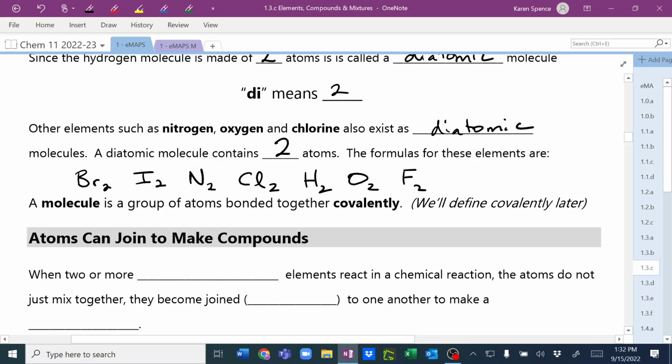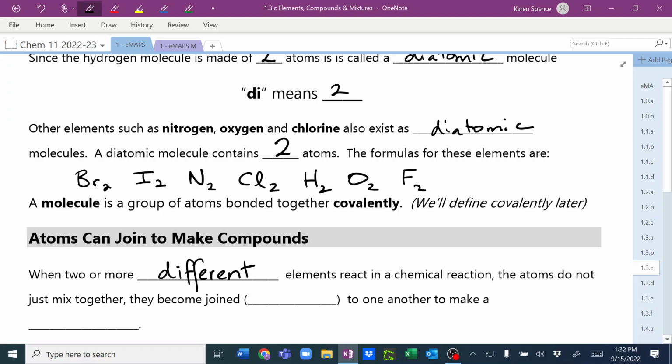These are molecules which are elements because all the atoms in those molecules are the same. However, you can combine two or more different elements to react in a chemical reaction, and then the atoms don't just mix together, they become joined. What does that mean?